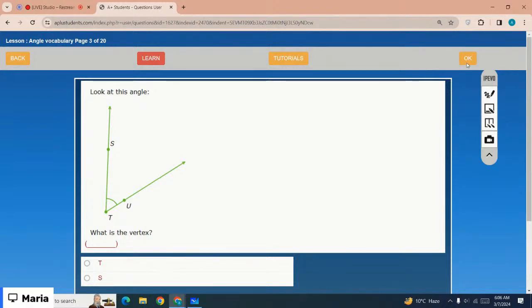Look at this angle. What is the vertex? So which is the correct option? The correct option is D. D is the vertex because D is common for both the rays. So D is the vertex.